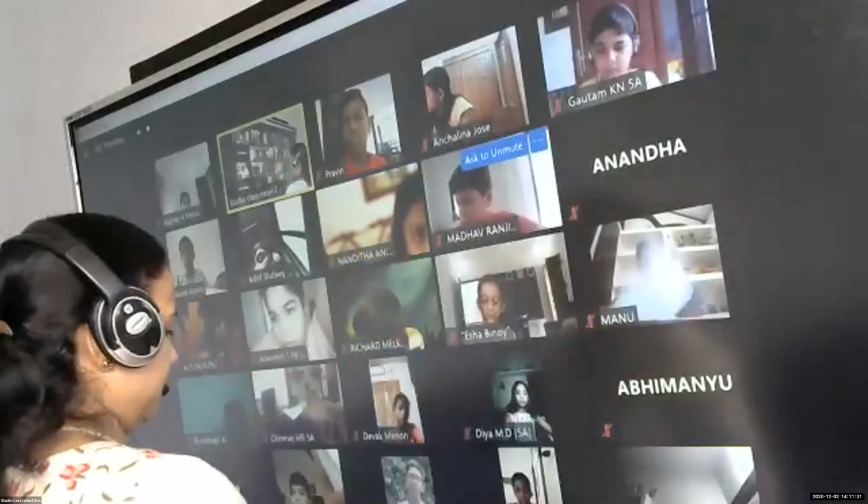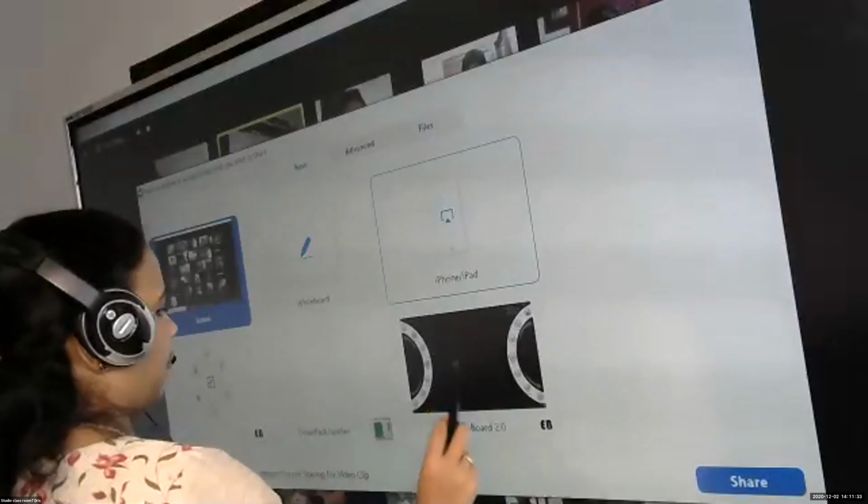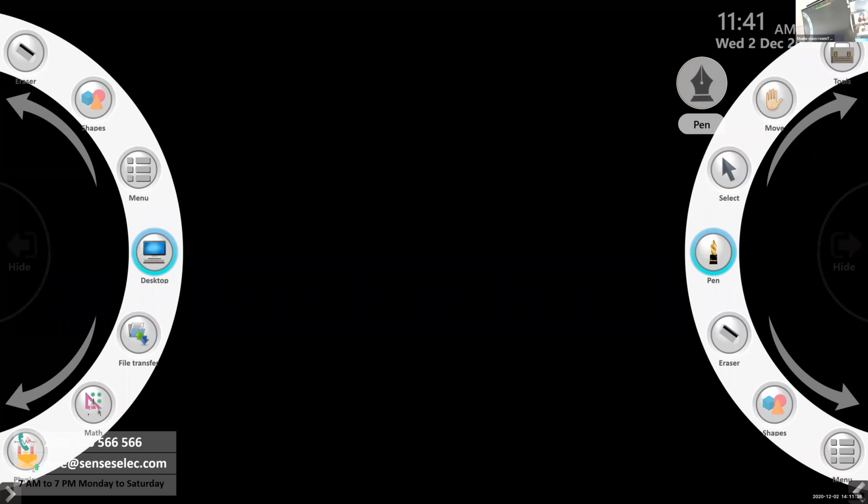Yes, Nandita, unmute. Children, please take out your rough book and write down this question. Let me see whether you can make improper fractions from mixed.